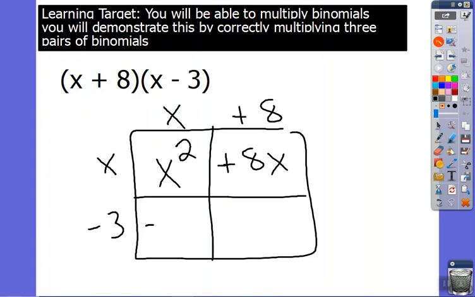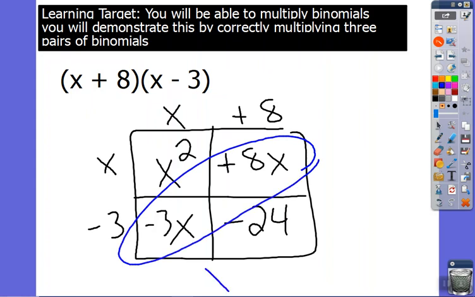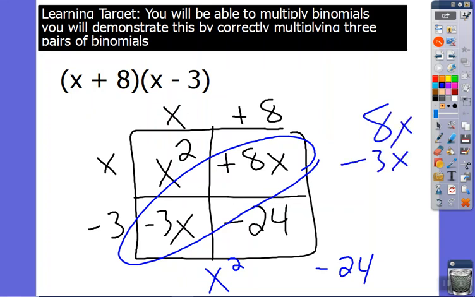Likewise on the bottom here, putting this minus 3 with the x is minus 3x. And then the last box over here is the plus 8 times the negative 3, which is negative 24. Looking for my 2 that match on the diagonal. I've got the x squared, I've got the minus 24, but I'm going to say, what is 8x minus 3x? That is a positive 5x for the middle.